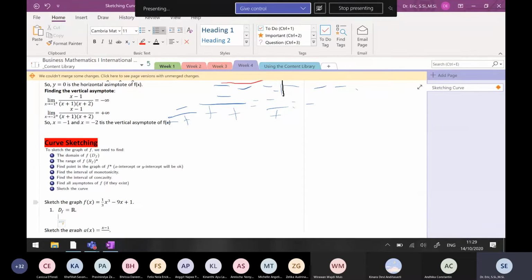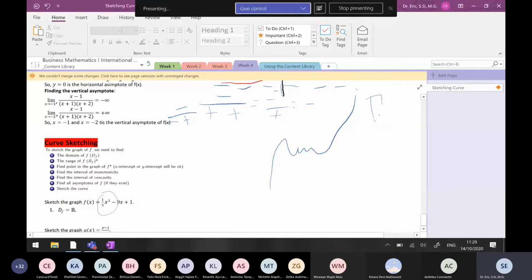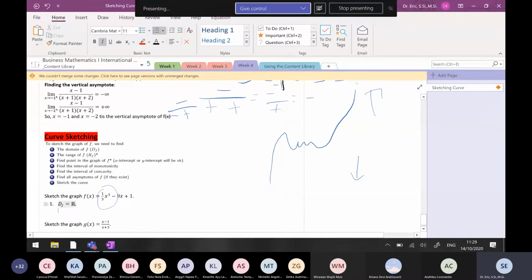But I know this is an odd polynomial. So it will give you something like this. So the range is plus infinity until minus infinity. So the range is also all real.